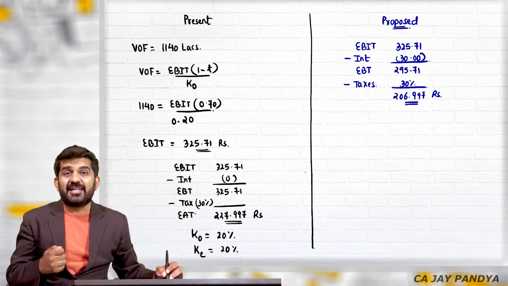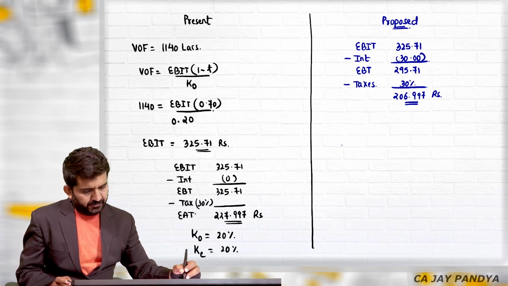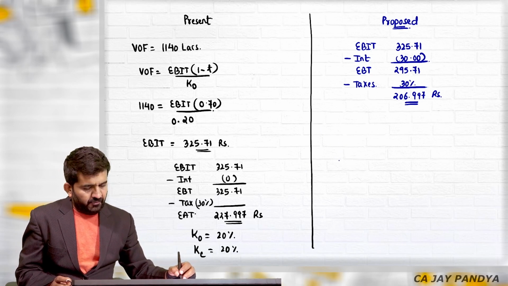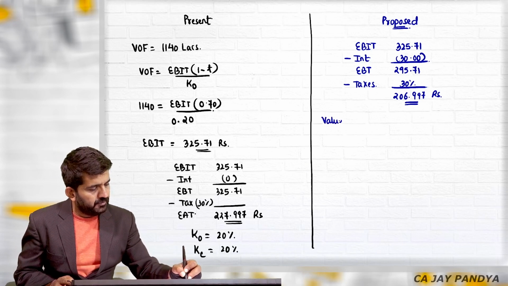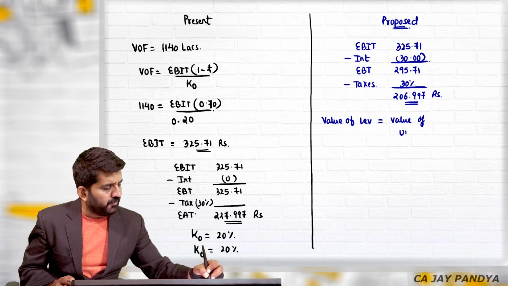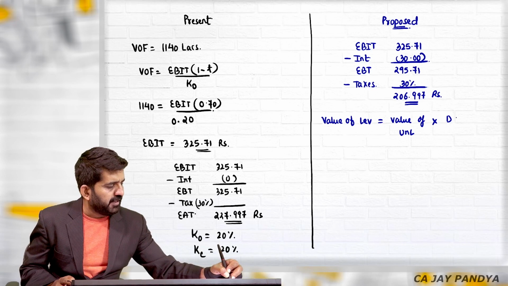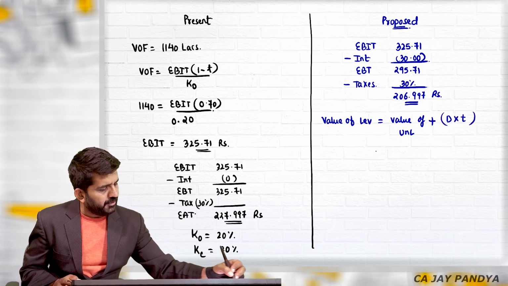Will KO remain the same? No. But I can find out the value of the levered firm. The value of a levered firm is the value of the unlevered firm plus debt into tax rate.